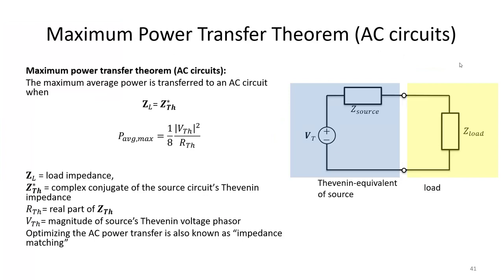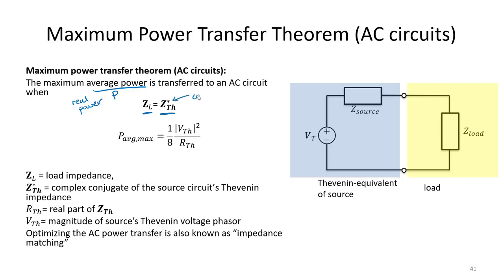So it turns out in AC circuits, the maximum power transfer theorem is very similar. In AC circuits, we will transfer the maximum average power, remember that's the real power P. The maximum average power is transferred when our load impedance is equal to the complex conjugate of the source's Thevenin impedance.